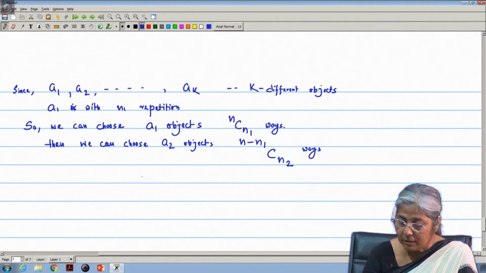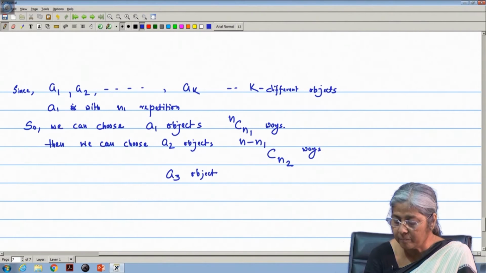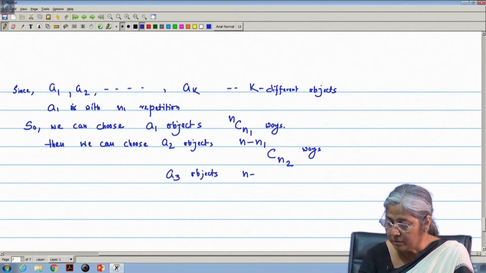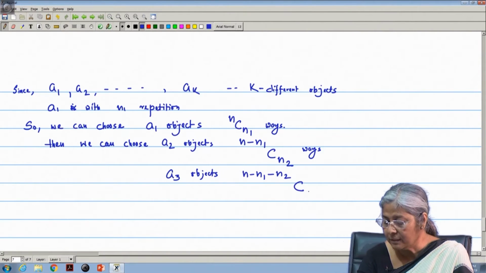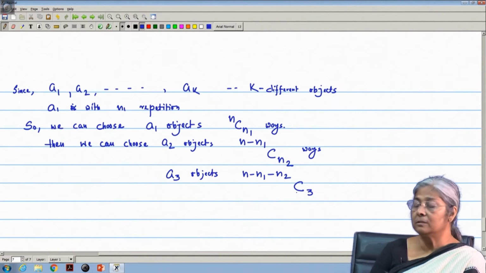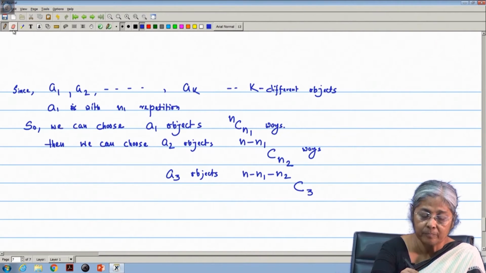The same thing if it is for A3 objects, then my objects remaining are n minus n1 minus n2. A3 is with n3 repetition.